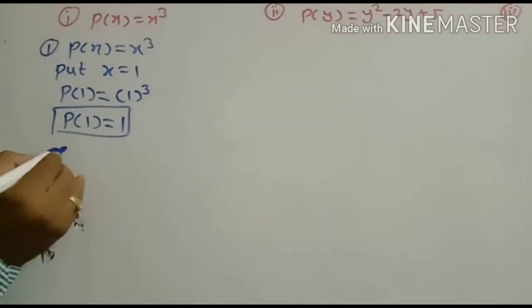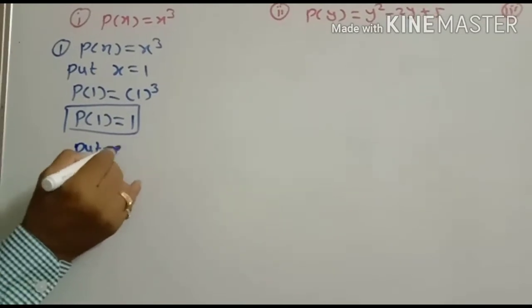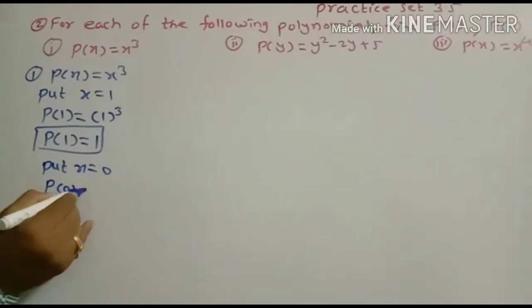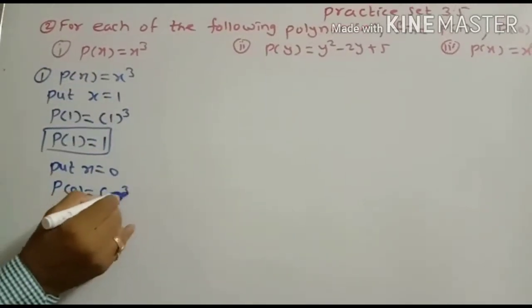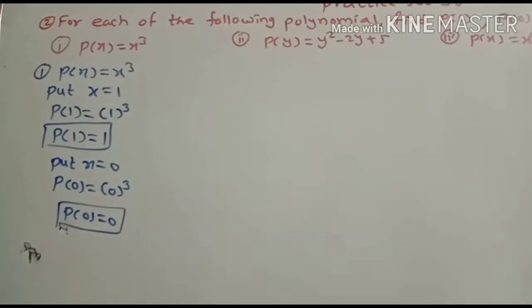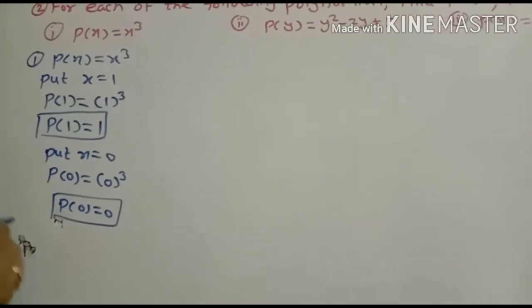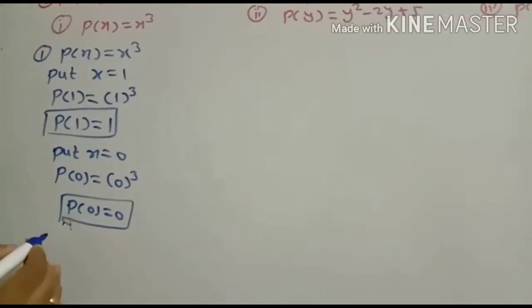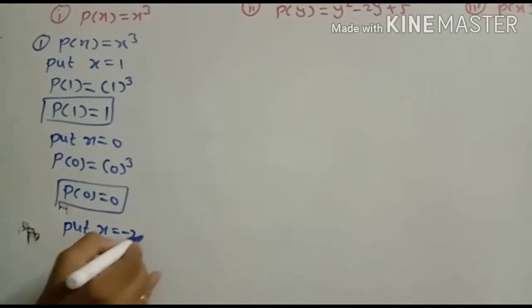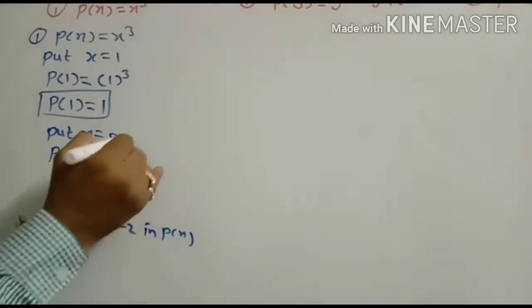Now put x is equal to 0 to find the value of p of 0. That means p of 0 is equal to cube of 0, and cube of 0 is 0, and therefore p of 0 is 0. Now for finding p of minus 2, put x is equal to minus 2 in p of x.